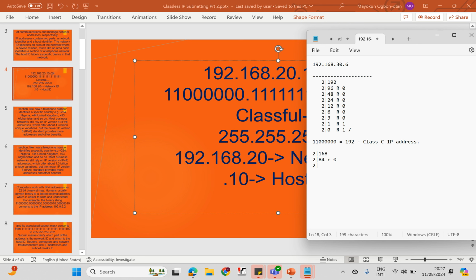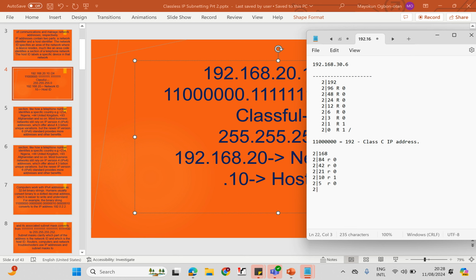Next, in 84, it's 42 and remainder 0. In 42, we have 21, remainder 0. In 21, it's going to be 10, remainder 1. In 10, it's going to be 5, remainder 0.